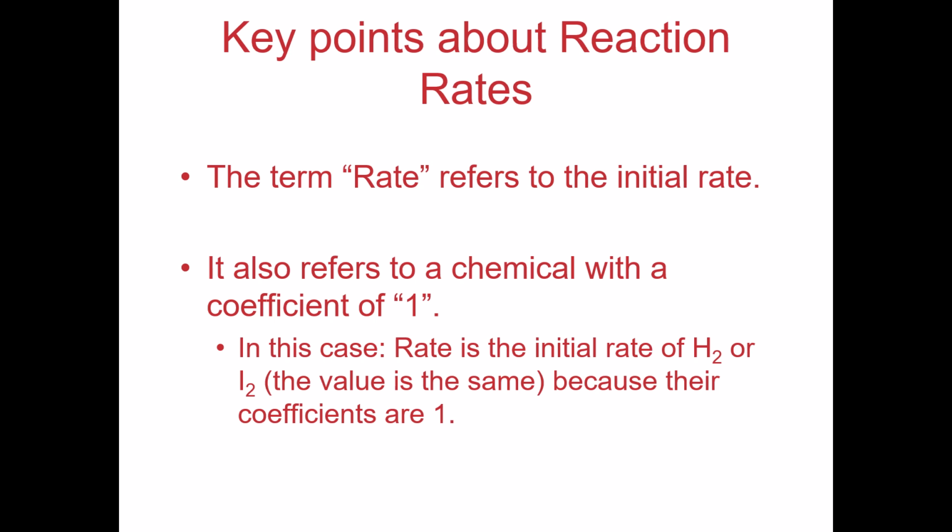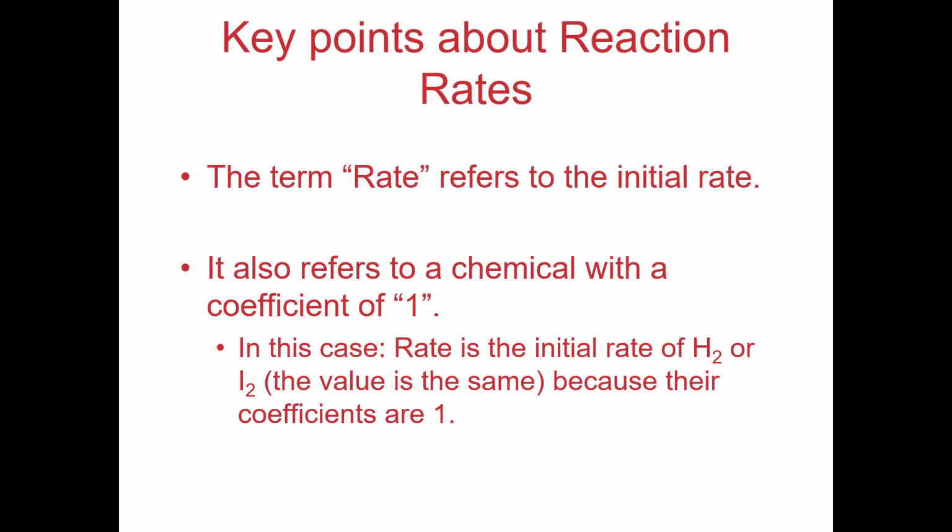Why is it initial rate? When we get more into how we're going to calculate rates for reactions, we realize that as soon as a reaction starts, we no longer know the concentration of the reactants, because reactants are being turned into products. But when we first start at time equals 0, we know the concentration because we can calculate that based on what we put into the reaction vessel.